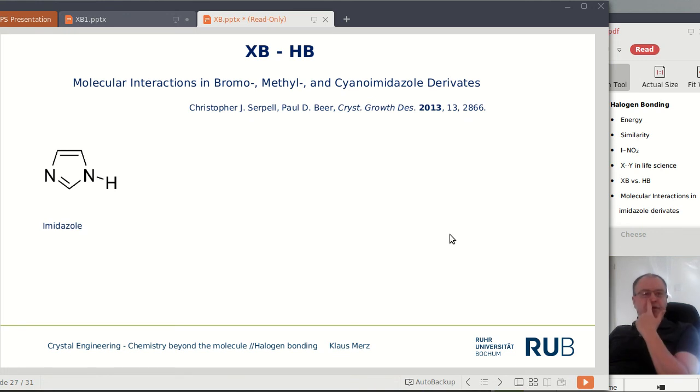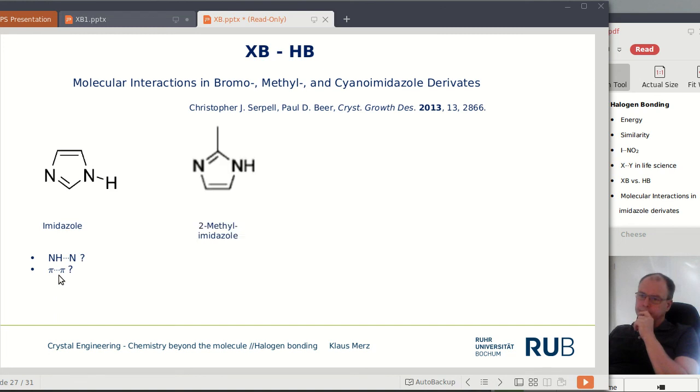Well, first of all, think about possible interactions. In the case of imidazole, we would suggest an NH...N interaction of the neighboring molecules and pi-pi intermolecular interactions. In the case of a methyl substituted compound, similar, and maybe an interaction of a methyl group with a nitrogen, or the interaction of a methyl group with a pi system.